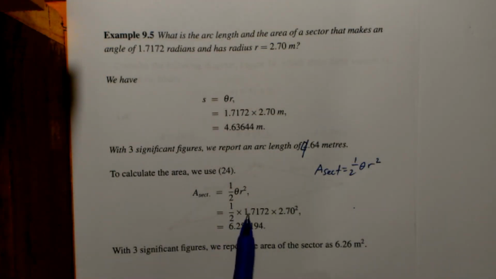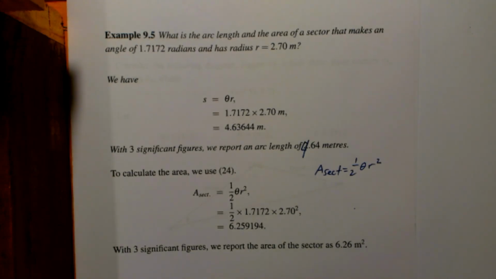So 1/2 times 1.7172, which was the angle, times 2.70 squared, and we get 6.259194. If we were to represent that with 3 significant figures, then we would write 6.26 meters squared for the area of the sector.